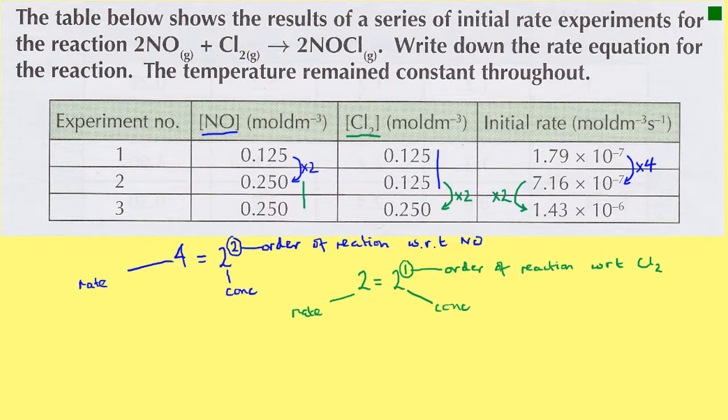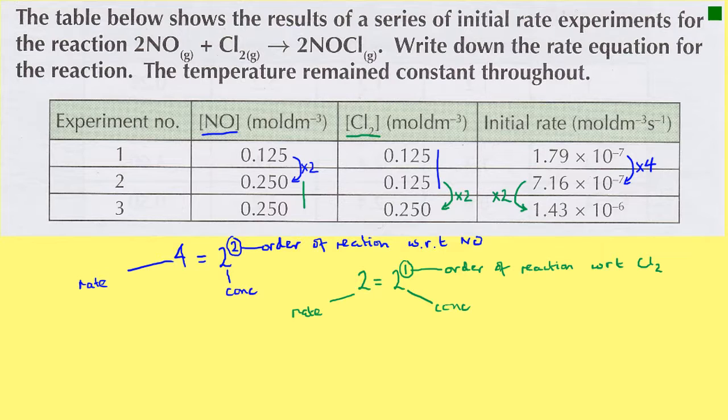So in the same way as we did for nitrogen monoxide, let's see what that tells us about the order of the reaction. So the rate has gone from 1 to 2, and so that is equal to the concentration to the power, which is the order of the reaction with respect to chlorine. So the concentration has also gone from 1 to 2, and clearly 2 equals 2 to the power of 1.